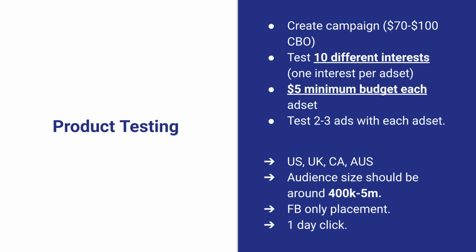So in product testing, I create a campaign with a $70 or $100 budget. I test 10 different interests, one interest per ad set, and I set a $5 minimum budget for each ad set. And at the ad level, I test 2 to 3 or more ads within each ad set.